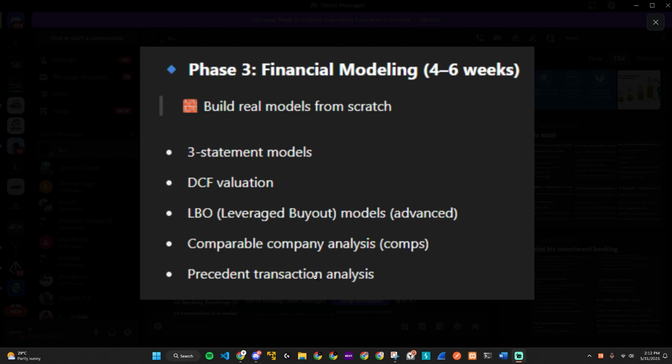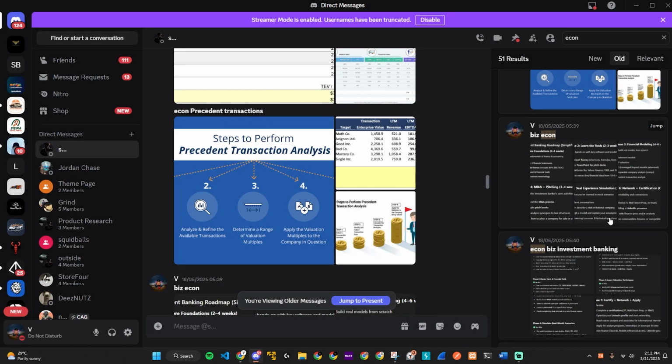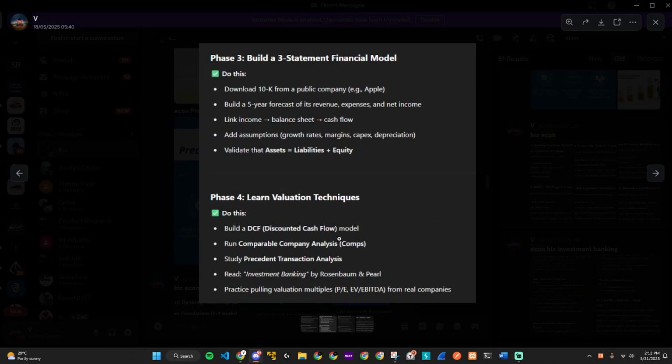Okay, so you can see precedent transaction analysis. This is something we need to do another little study on. And yeah, so that's pretty much it for this part.